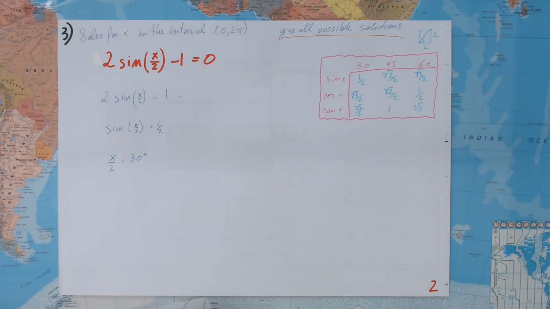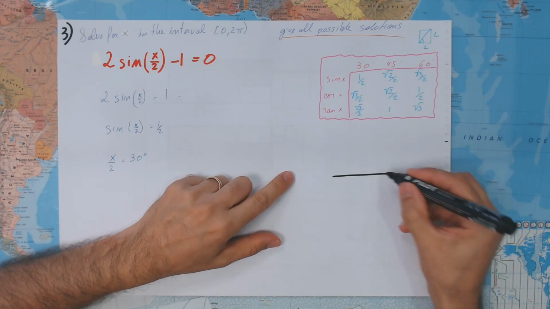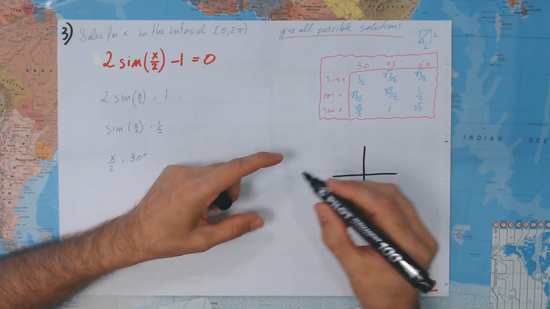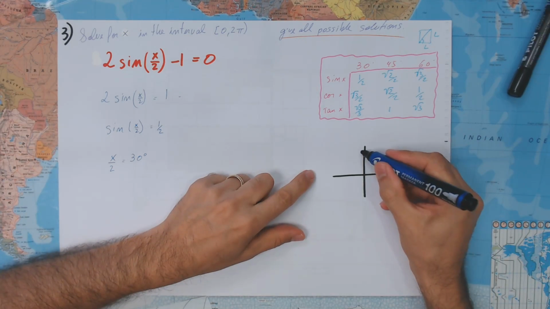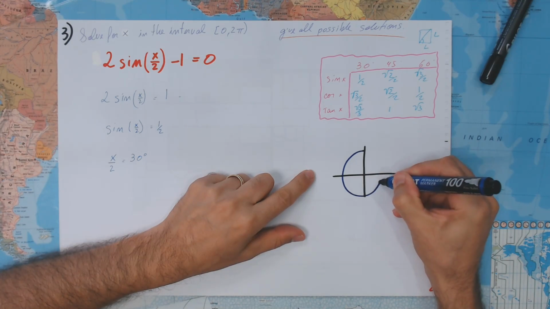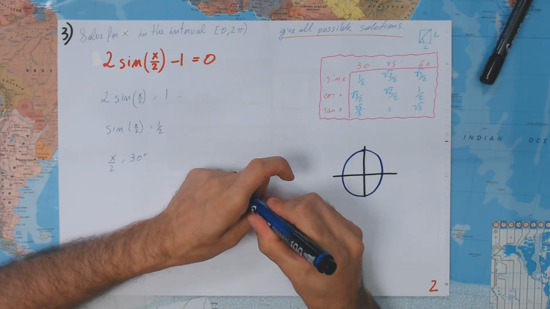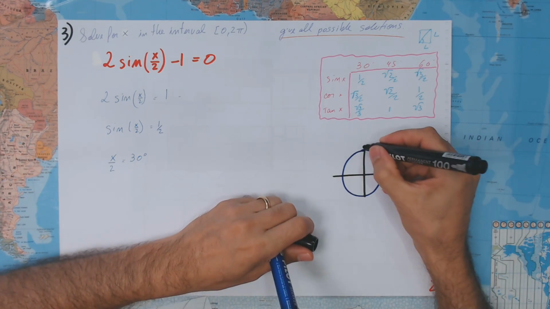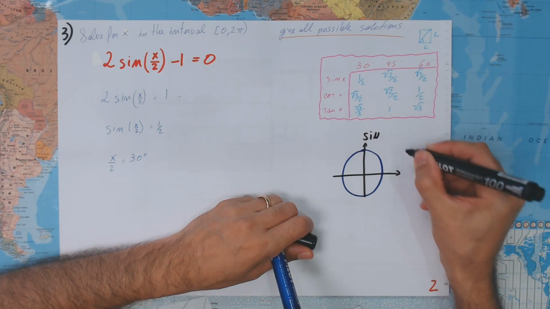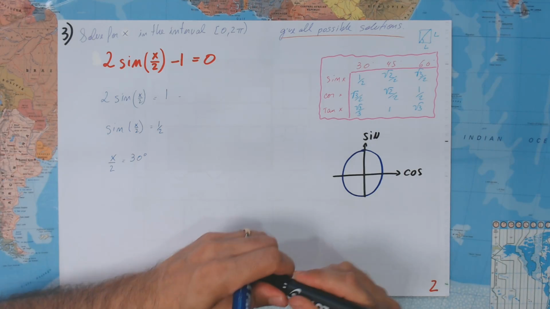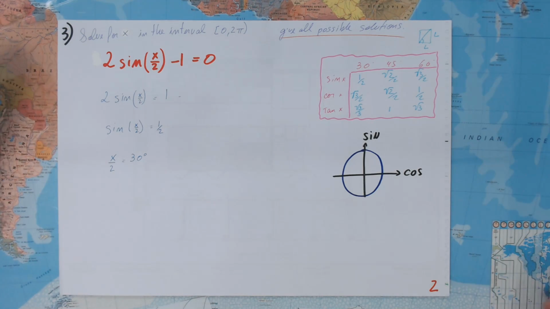Okay, but as I always like to draw, let's draw the circumference. This is the sine, this is the cosine, and again, let's see what is going on in here.